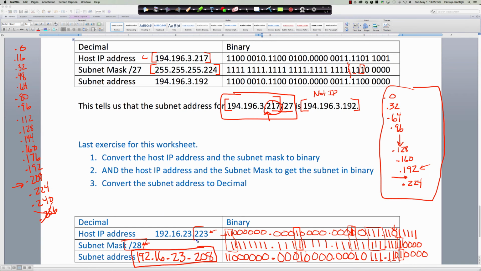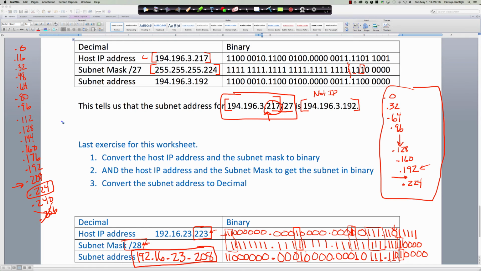Now, our IP address is 23.223. That's the host IP that they're talking about. So where would it fall? It would fall before that IP address right there. And in fact, if we take a look at this, what are the IPs in that range?